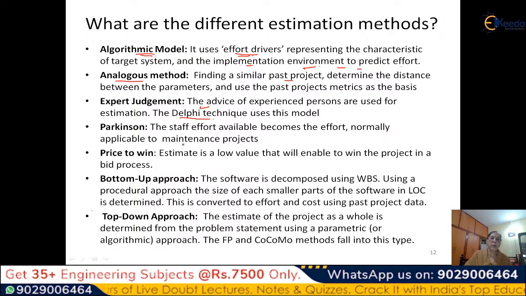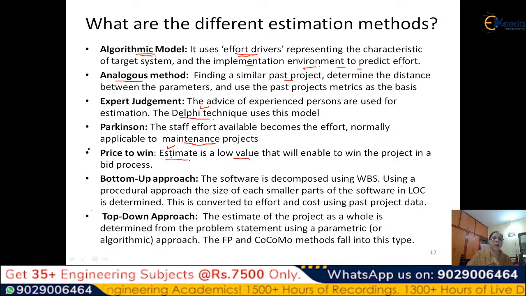So it is not good for a development project, but it can be applied for maintenance. Then you have price to win. That means you are not really bothered about a realistic estimate, but you want to win the project. There is competition, with multiple bidders, so you try to get a low value so that you can win the project. That then becomes your estimate.